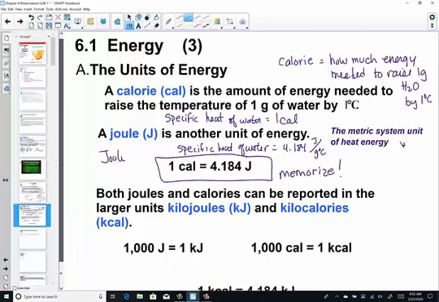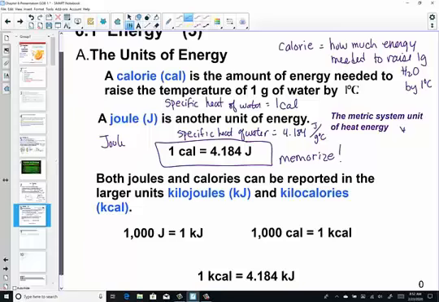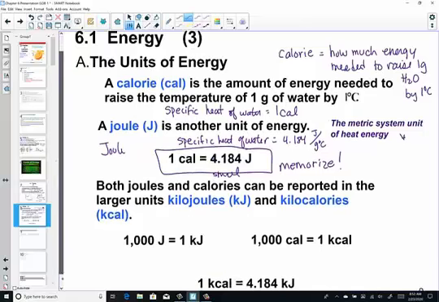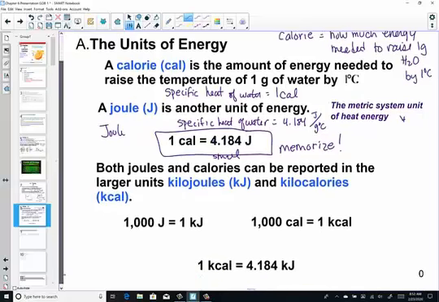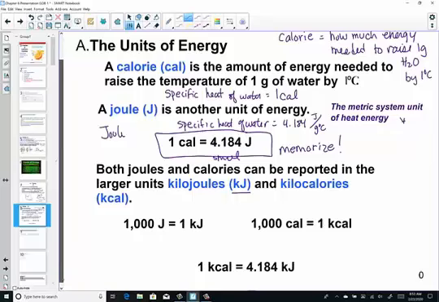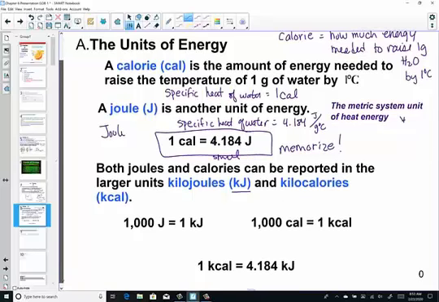So both joules and calories can be reported in larger units. These are actually kind of small calibrations. When I say 1 calorie, it's kind of a small number. So joules and calories are more often reported out in kJs, kilojoules, and kilocalories, kcals. So just thinking that through, we know that kilo means 1,000.